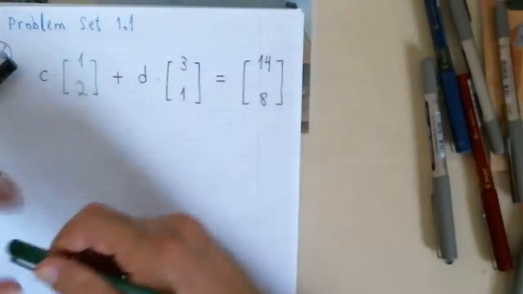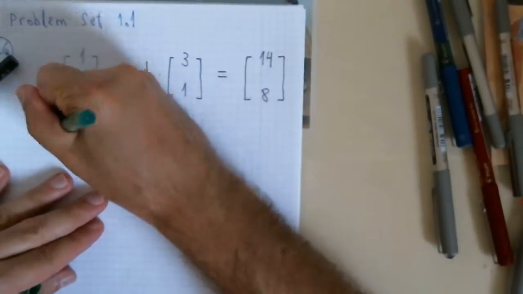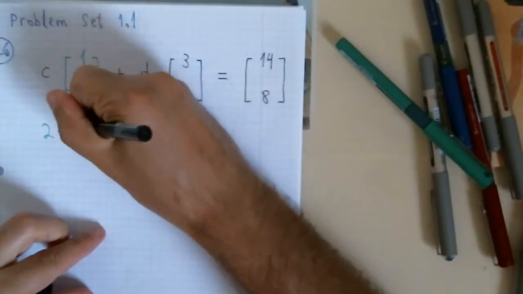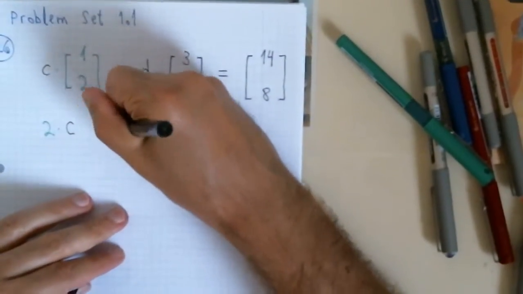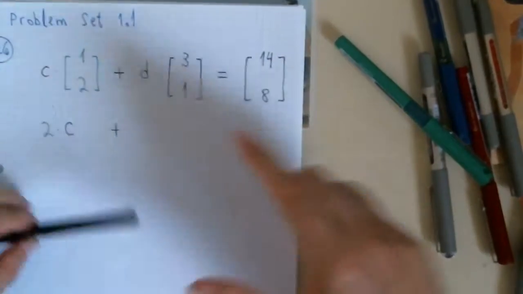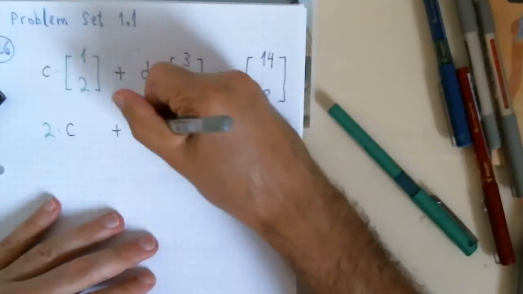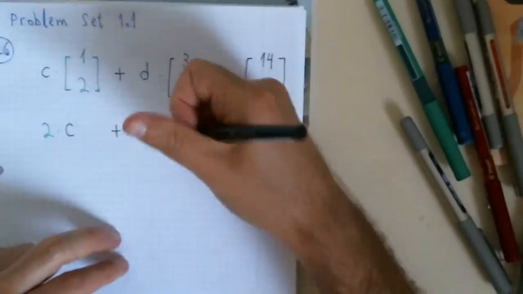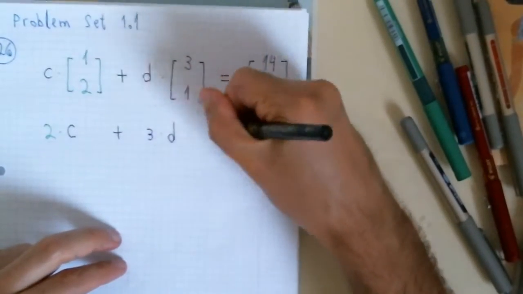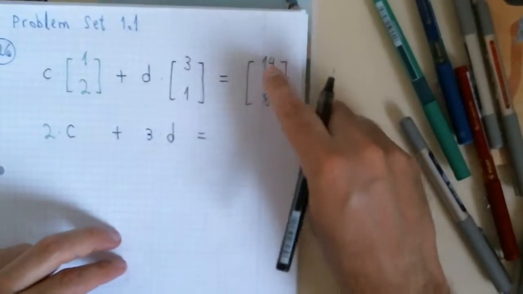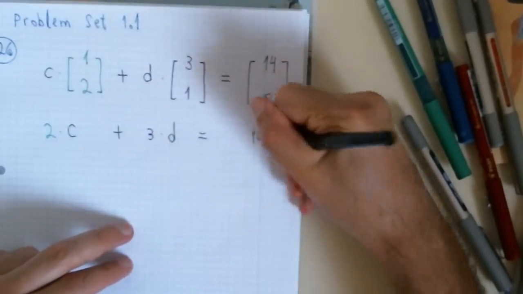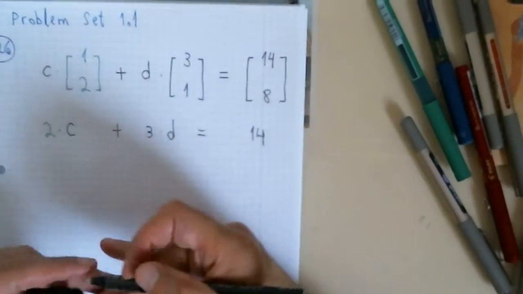2 times c plus 3 times d equals the first component, 14. This is the first equation.